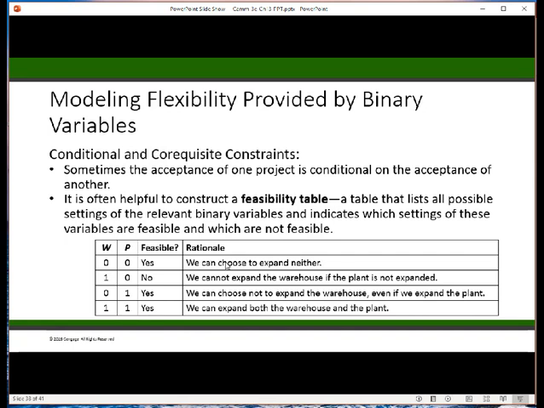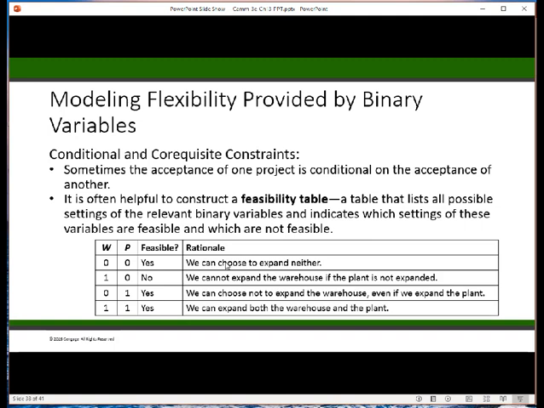So in this particular case, we have the warehouse project W and the plant project P, both zeros. This is feasible. We can choose to expand neither of them.